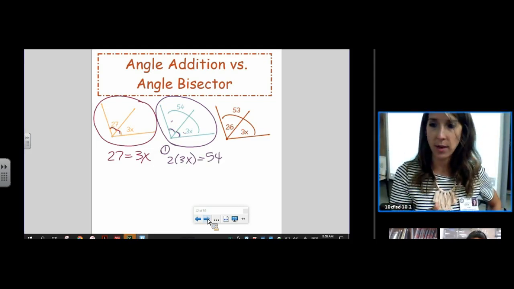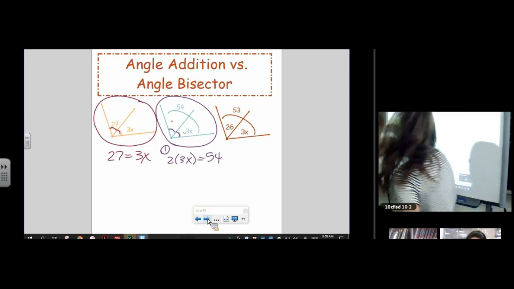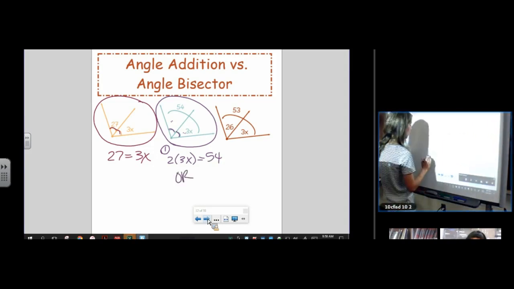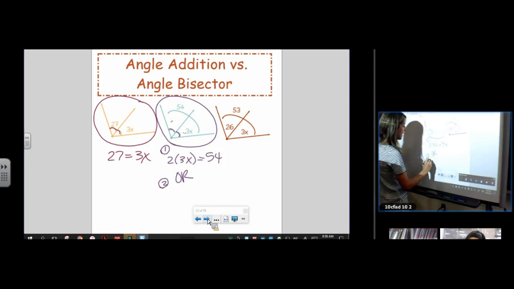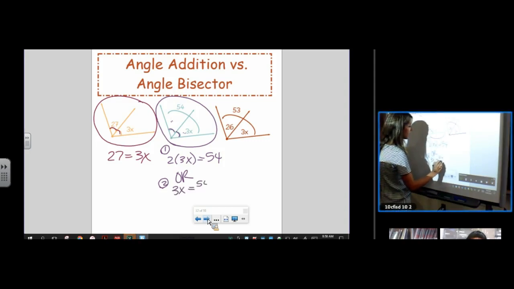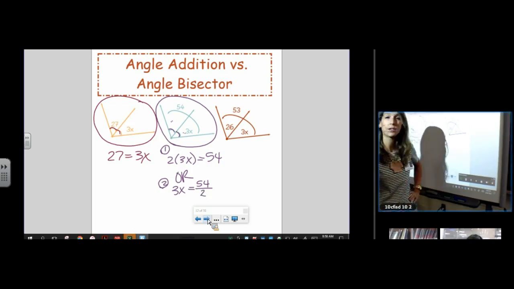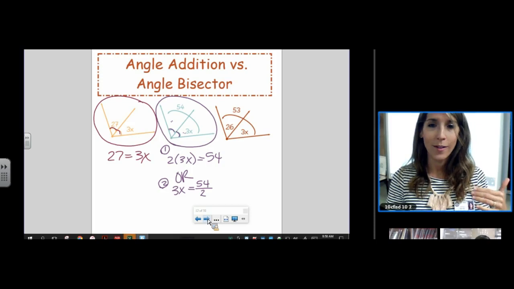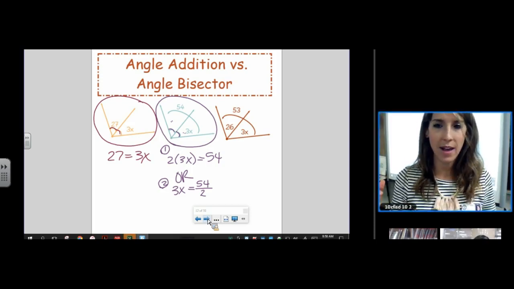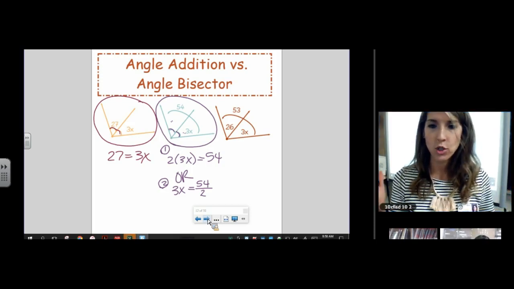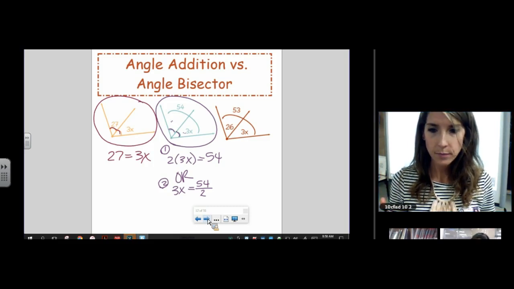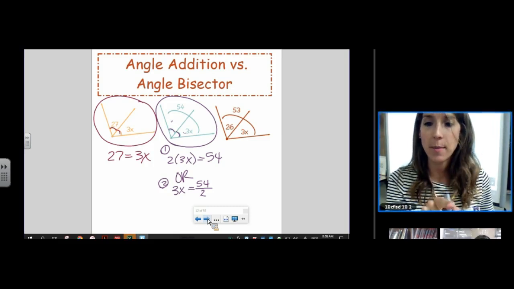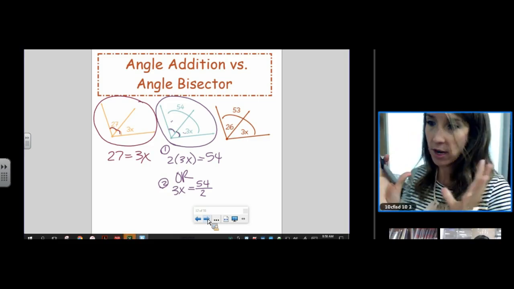Or, option 2, I can keep the 3x. I like my 3x, but it certainly doesn't equal 54. It equals 54 divided by 2. So I can double the half, or I can half the whole. This is the same as midpoint, guys. Two choices. Choose them because there were arcs on the picture.